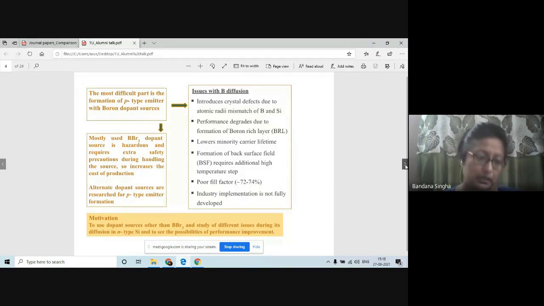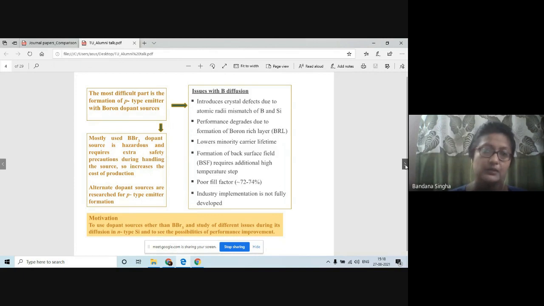So why is this boron diffusion difficult in case of n-type solar cell? It's basically the atomic radius mismatch of boron and silicon, right? Boron has around 0.8 Angstrom of atomic radius, whereas silicon has 1.14 Angstrom.